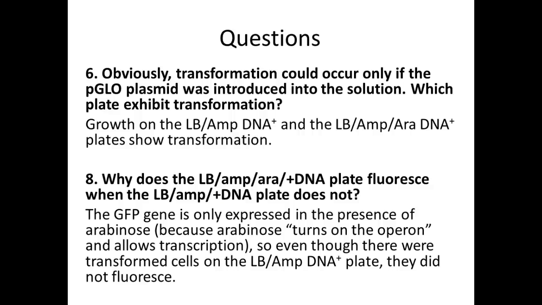So it, in essence, turns on the operon, this operating system that's associated with just the green fluorescent protein gene. So we're actually only going to have one pretty glowing plate.